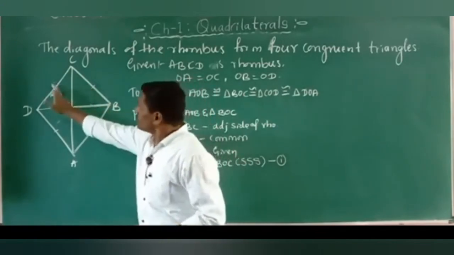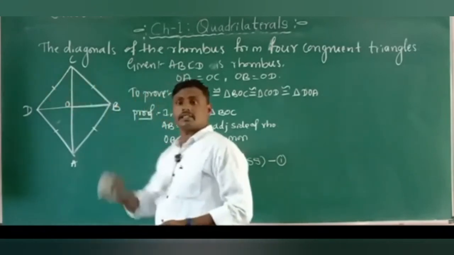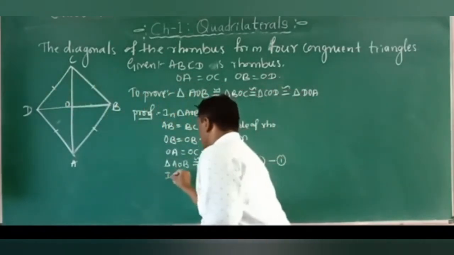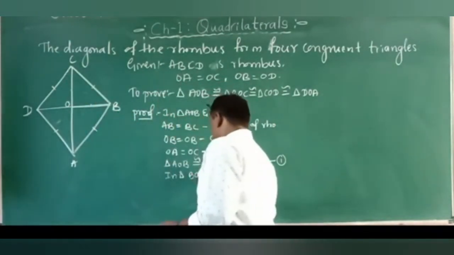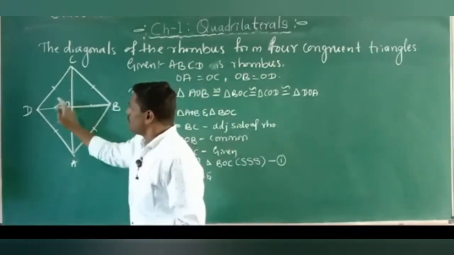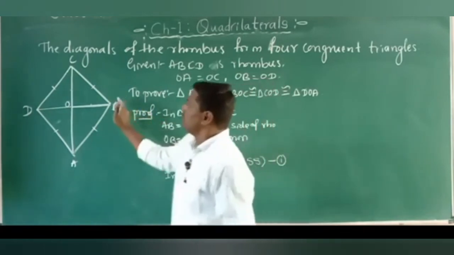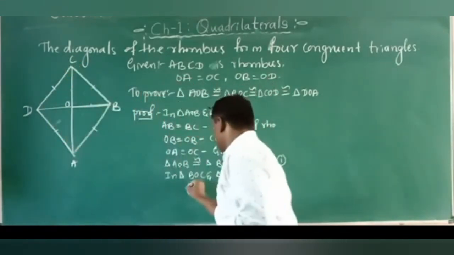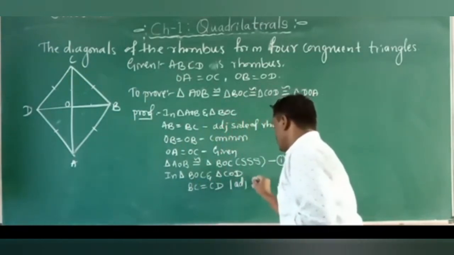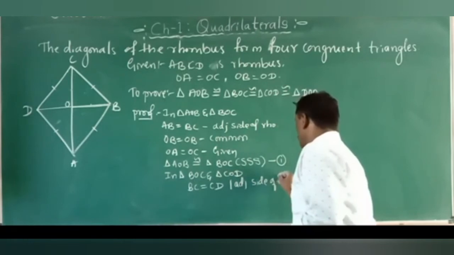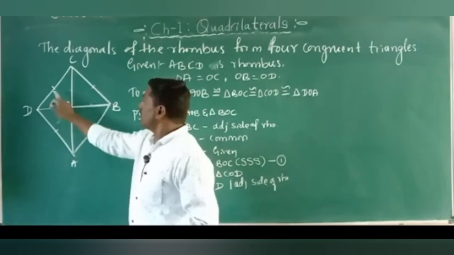Now, next two adjacent triangles: triangle BOC and triangle COD. In that, BC is equal to CD because these two are the adjacent sides of the rhombus. Okay. Next, OC is the common side for these two triangles.